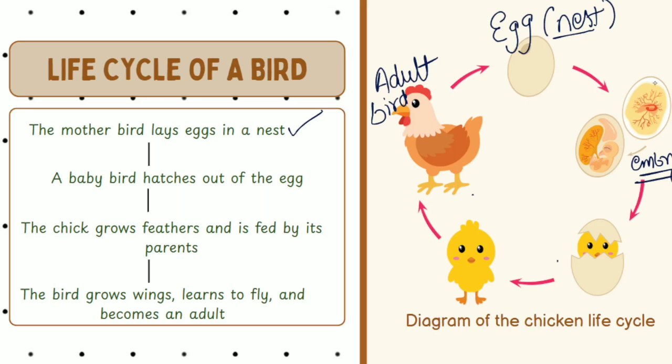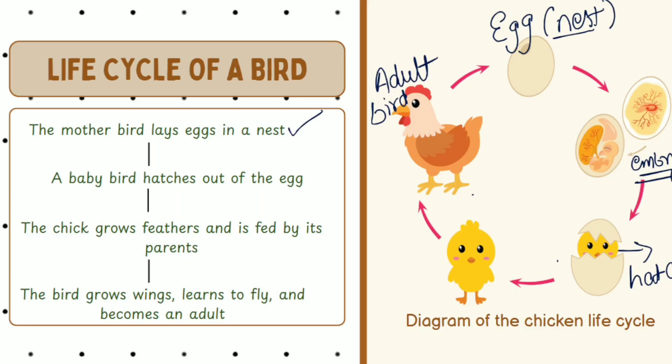Then, finally, inside the egg, this tiny bird grows and cracks the egg and comes out, which we call hatching. What does hatching mean? The tiny bird cracks the egg, breaks it and comes out.